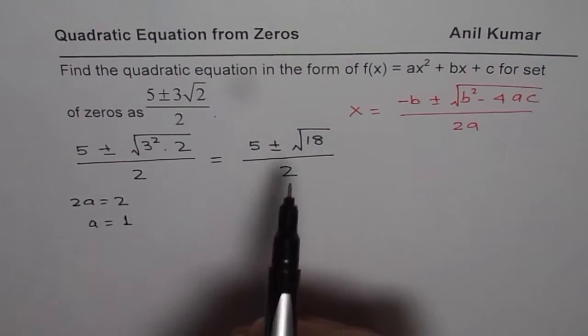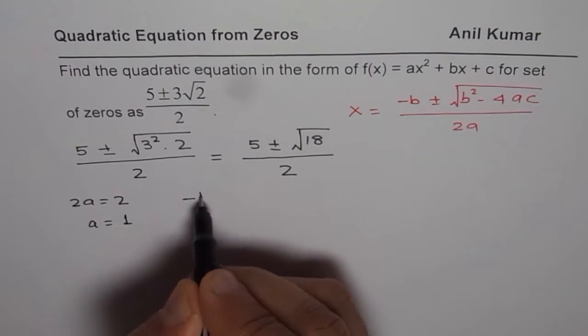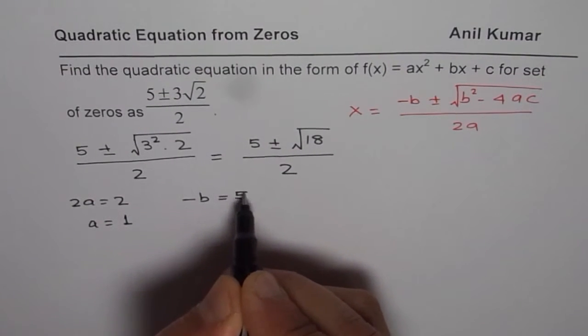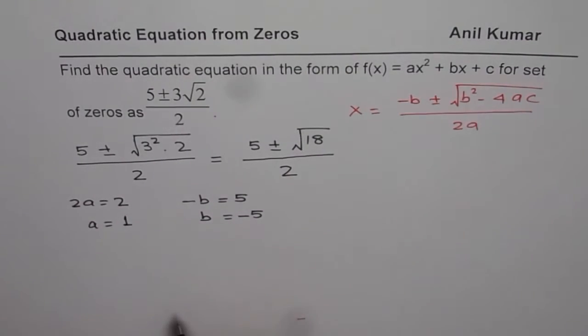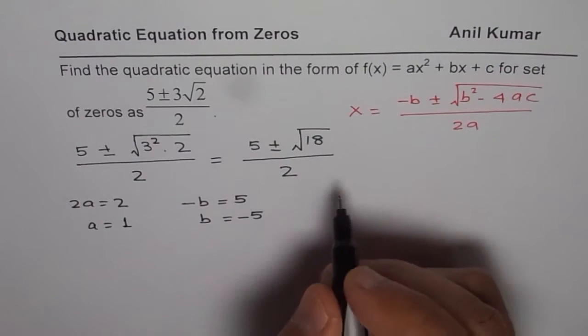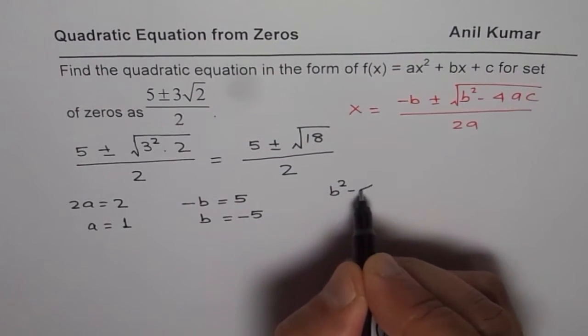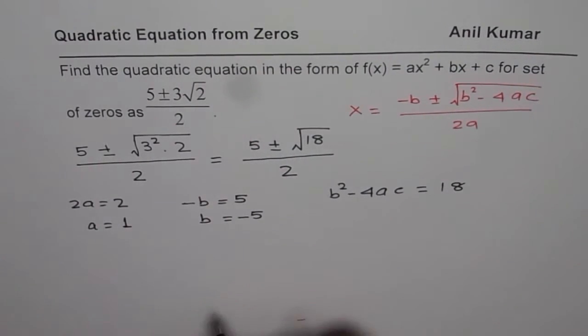As far as minus b is concerned, it is 5. So minus b equals 5, and therefore b equals minus 5. b squared minus 4ac should be equal to 18.